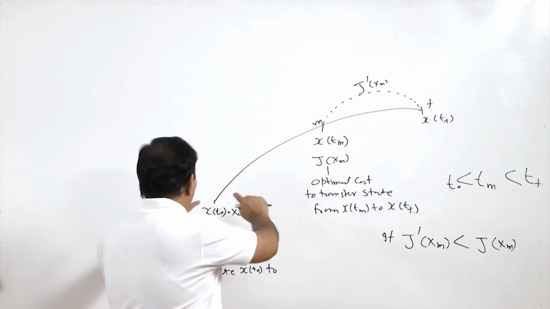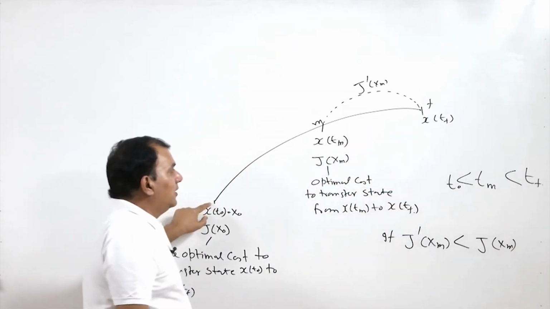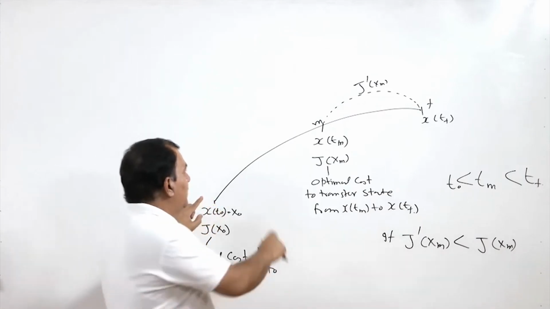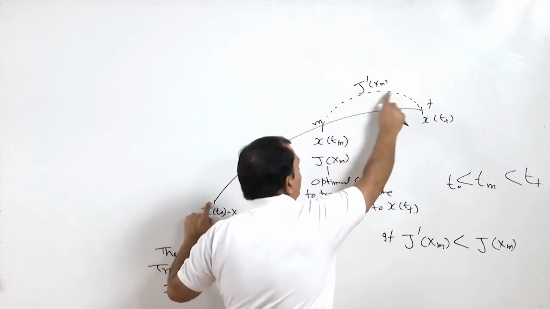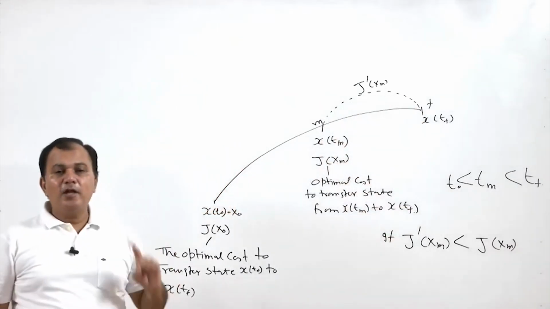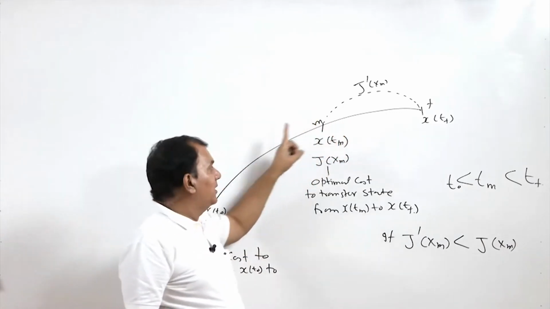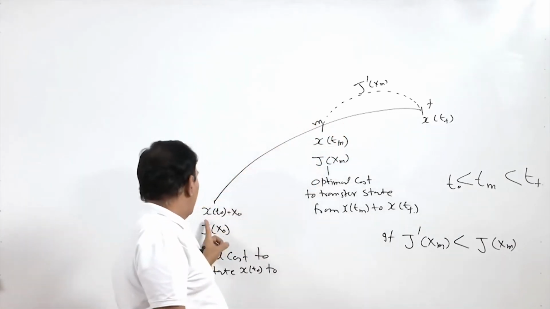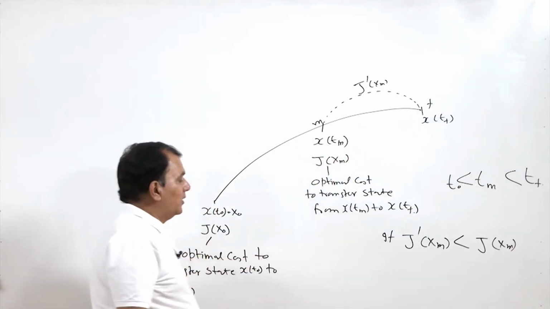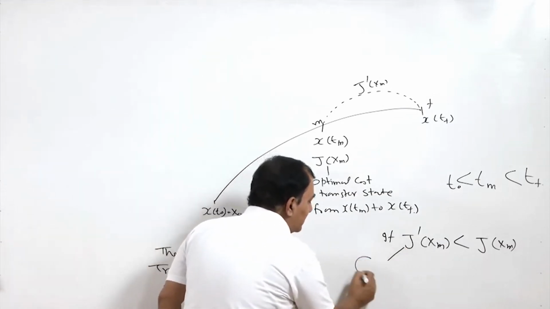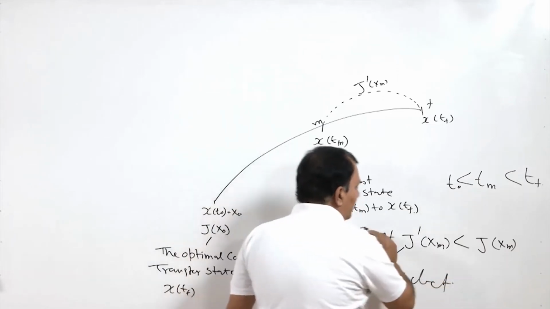This means if I am taking the cost from x(t0) to x(tf), that will not be optimal, because then the path t0 to m and m to f through the dashed line will be the optimal cost. This will contradict our initial assumption that x(t0) to x(tf) is my optimal cost. So, it contradicts, and this will not be true.